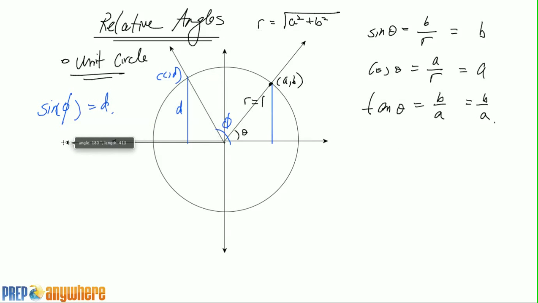Do you notice how the sine is positive? Because we're talking about the height. What happens if we go over 180? It becomes negative, right?